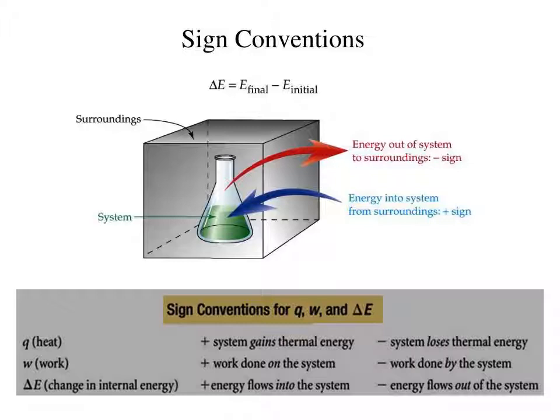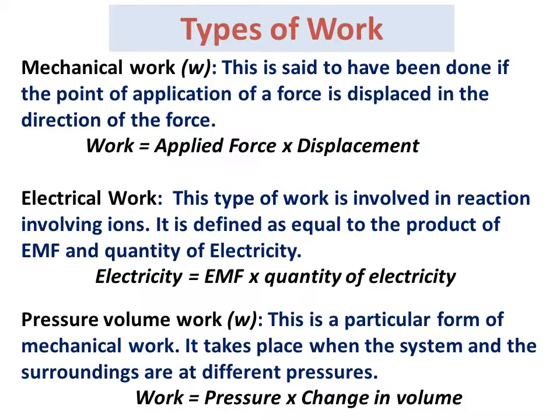Because the system is giving out some energy, we have to assign a negative sign. So these are the sign conventions you have to always keep in mind, and they are very, very important, so please remember that.